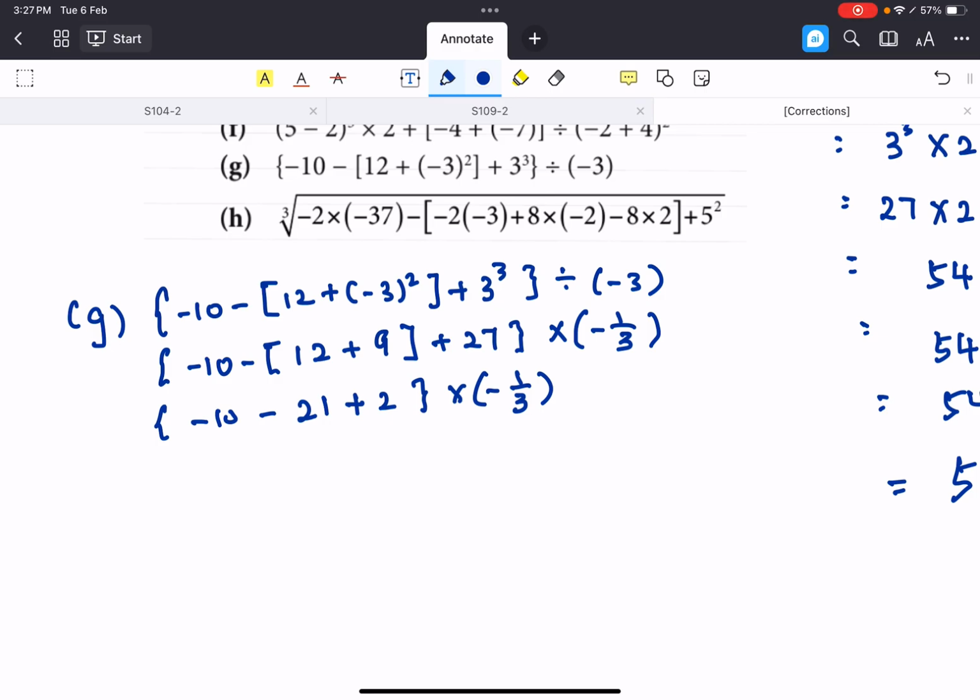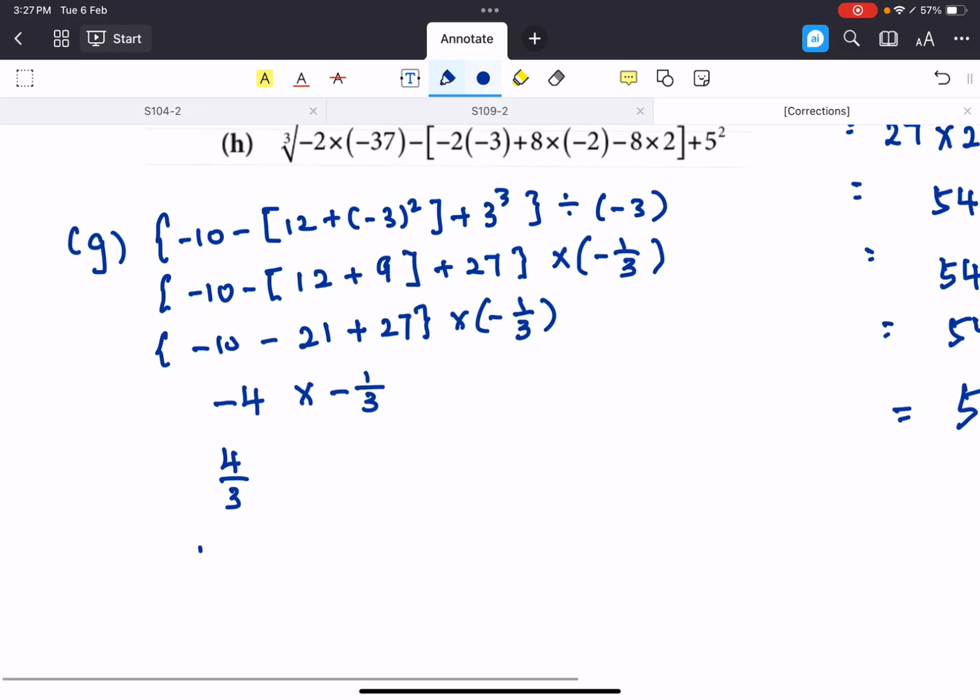Oh, sorry, 27, not 2. Right? So let's try again. Negative 10 minus 21 plus 27 is negative 4. So we have negative 4 times negative 1/3, right? Which gives us 4 over 3, which is also equals to 1 and 1/3. There we go.